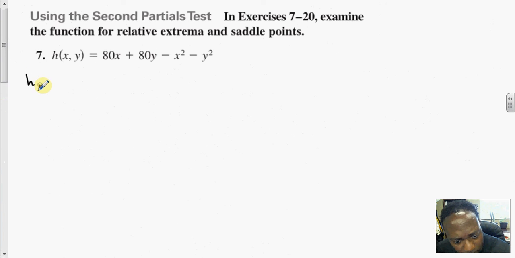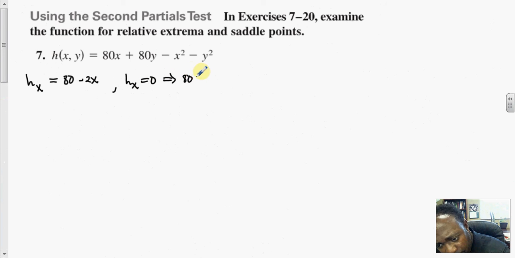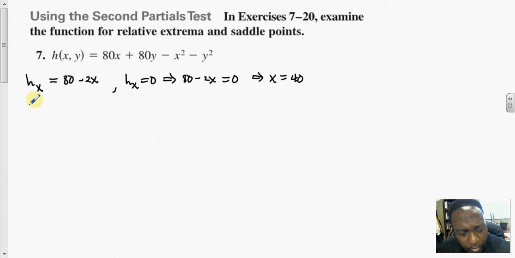So we first start by finding the critical point. We find the partial of h with respect to x. We have 80 minus 2x. If we set this partial equal to 0, that implies that we have 80 minus 2x equal to 0, which implies that x is equal to 40.